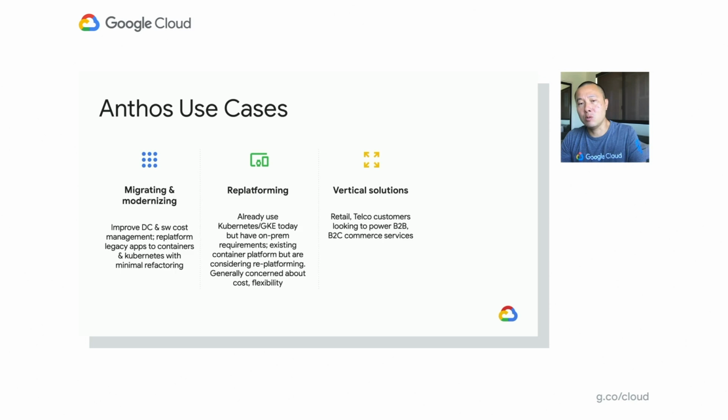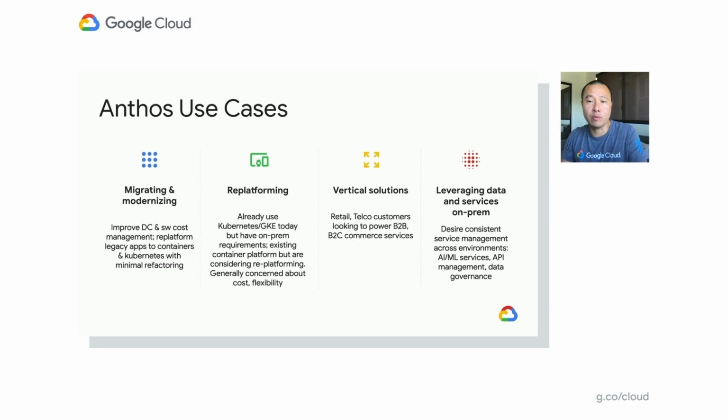A lot of our customers really want to move analytic applications closer and closer to those environments to get closer to their customers. And finally, we have a lot of customers who really value the benefits of some of the intelligent GCP services that are offered.